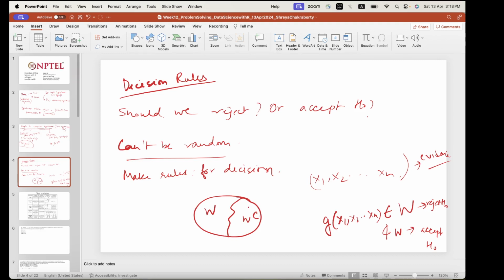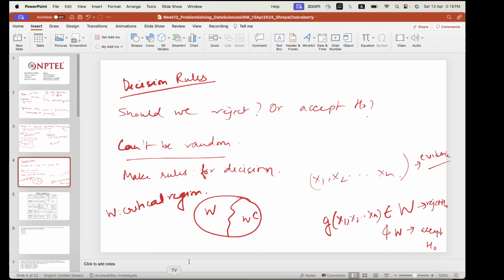This construction of W or W complement defines what my decision would be. So W is actually my critical region, and W complement is the region of acceptance.